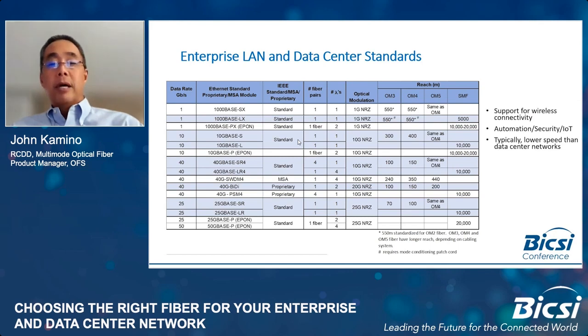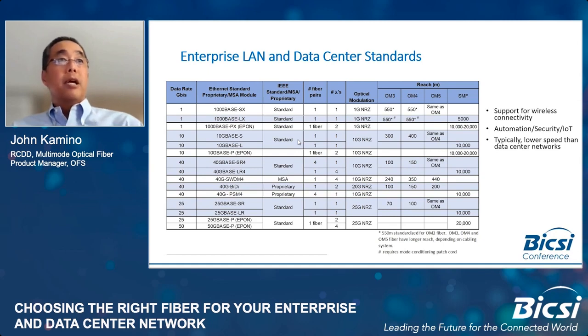But I'll note that that standard has been around for a very long time, and that 550 meter link length is really based on the use of OM2 fiber. Most transceiver vendors, cabling infrastructure vendors will support up to link lengths of 1 kilometer or more for SX.